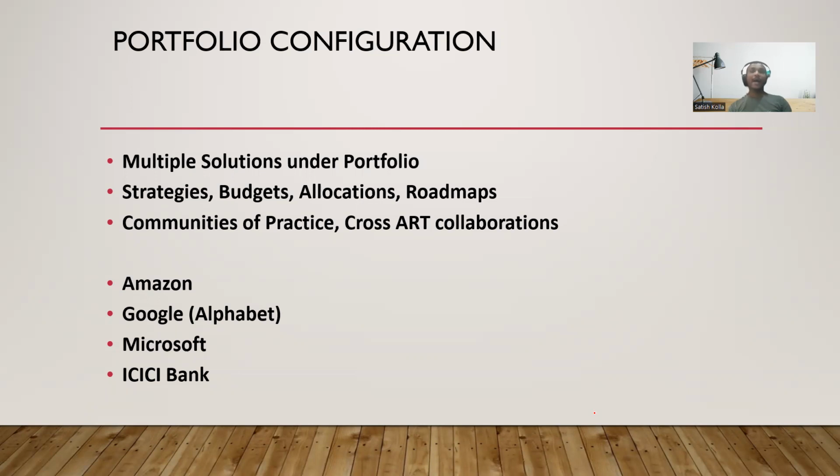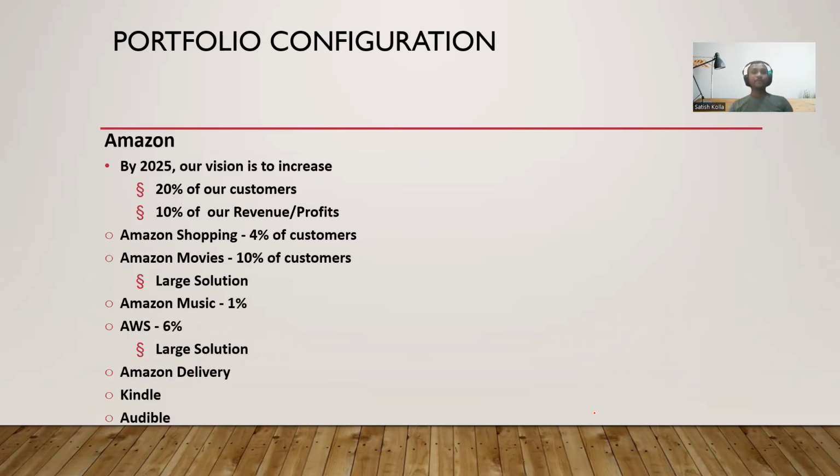So if we take Amazon as an example, in the last solution we discussed Netflix. Now, let's suppose Netflix announced that by 2025, our vision is to increase 20% of our customers or 10% of our revenue or profits. When we talk about Netflix as one single large solution, Netflix as an organization has only that single solution to generate these profits or increase their customer base.